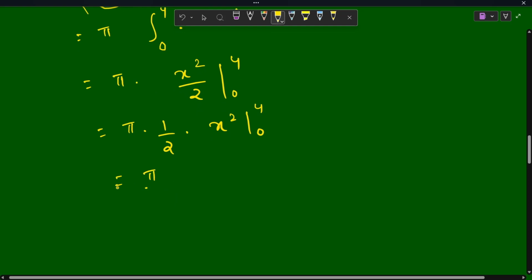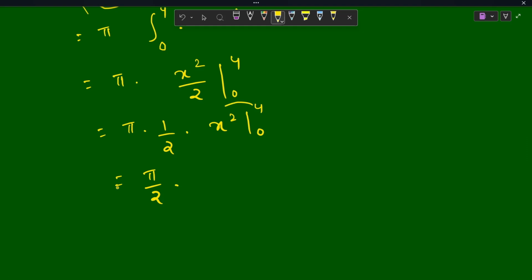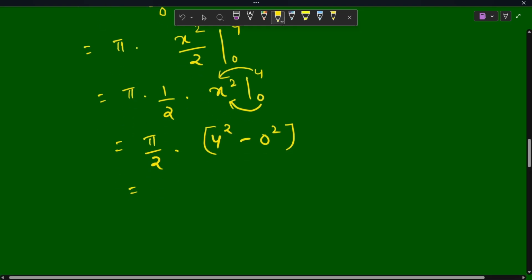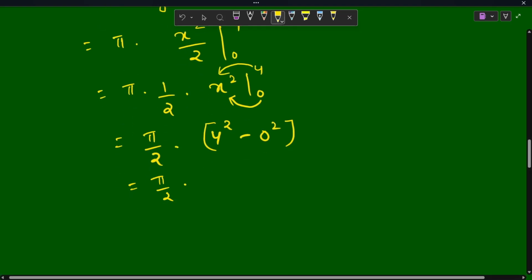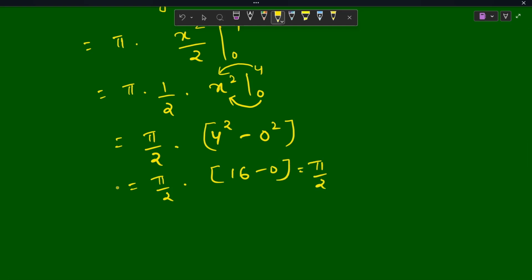Using the upper limit, 4 square, minus the lower limit, 0 square. So it is pi by 2 into 16 minus 0, that is 8 pi.